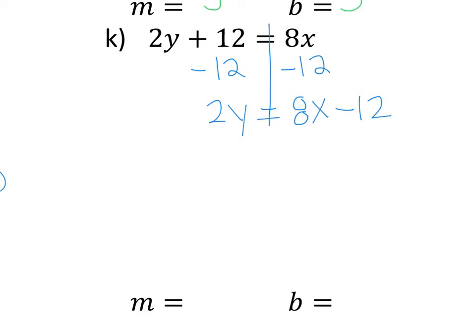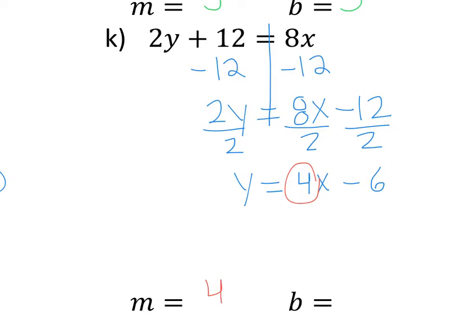To get rid of that, I need to divide by 2, which means I need to divide every term by 2. So I have y equals 8x divided by 2 is 4x, minus 12 divided by 2 is 6. Our slope is 4. The y-intercept is negative 6.